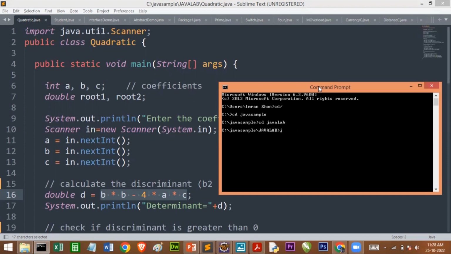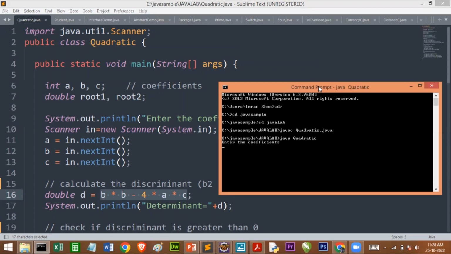If you want to execute the Java program, you have to use javac and then give the name of the program, Quadratic.java. If there is any error, it will display the error. If there is no error, you will not get anything. Now, to run your program, you give java and the name of the program without extension, Quadratic.